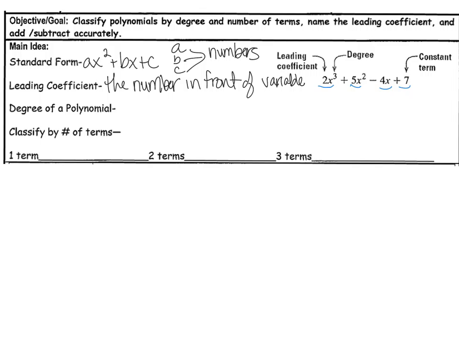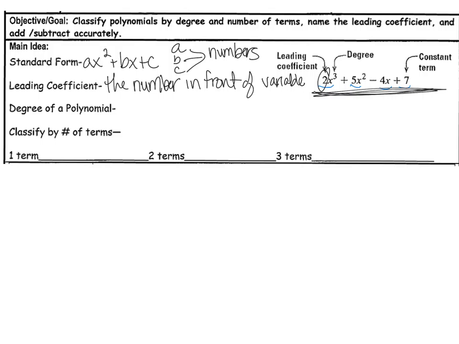We write all of our math answers in order from x squared, x to the first, and then your constant at the end. Just like this one's written right here. See? So the leading coefficient is going to be the leader and then the coefficient. So the number in front of, this time it's x to the third. So our leading coefficient would be the 2 for that example.